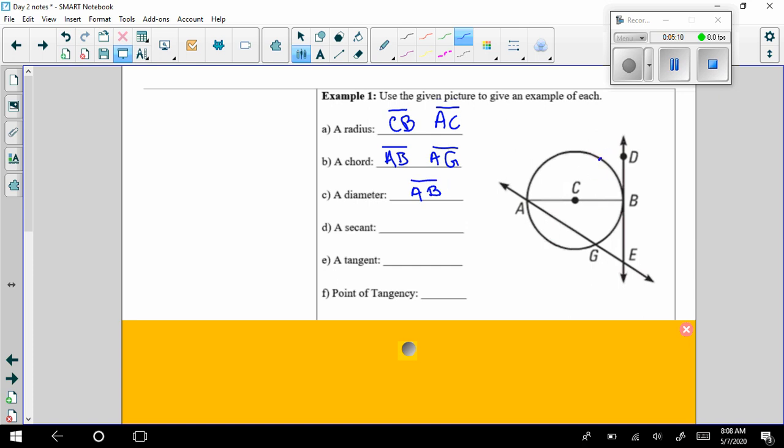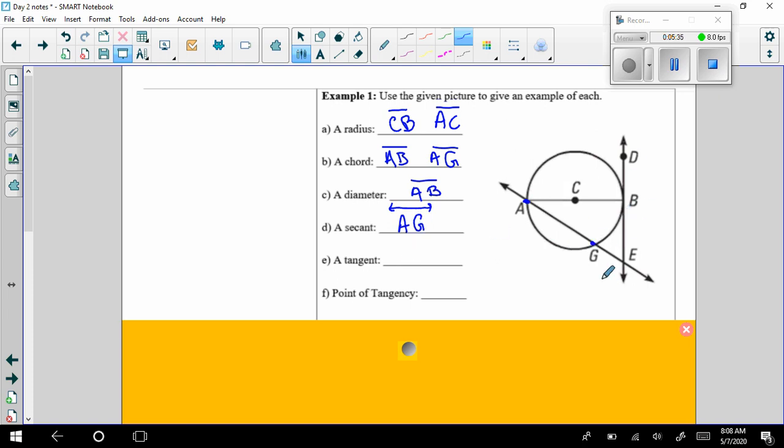But that's not to say you can't draw more than one diameter. This diagram just doesn't have them drawn. So sometimes there's multiple answers there. Remember, a secant goes all the way through your circle. So you have two lines here, but the one that passes through and intersects twice at both A and G is a secant.